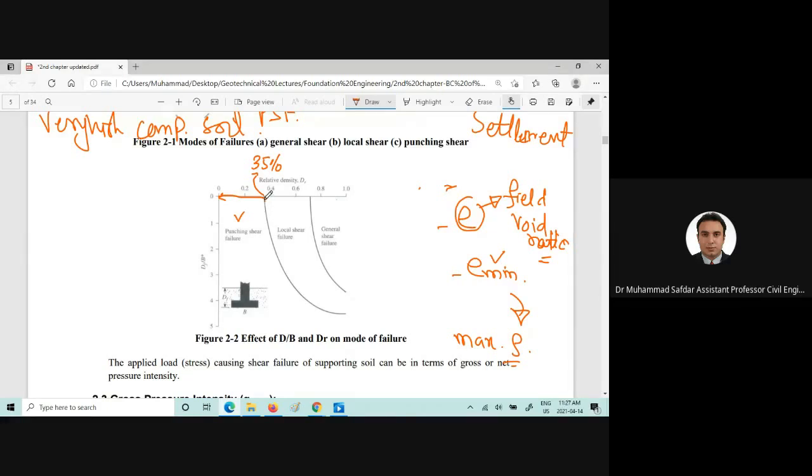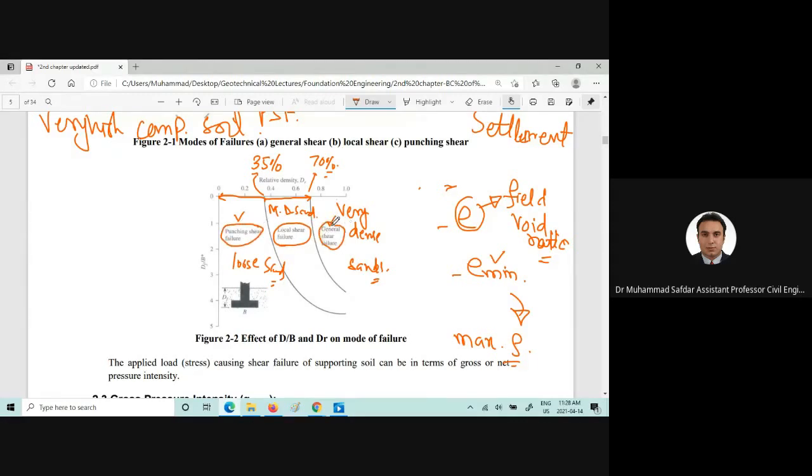Now in between 35 and approximately 70%, for loose sands, medium dense sands and very dense sands, we will experience general shear failure for the relative density greater than 70%, and in between, for the medium dense sands, we will experience the local shear failure mode.